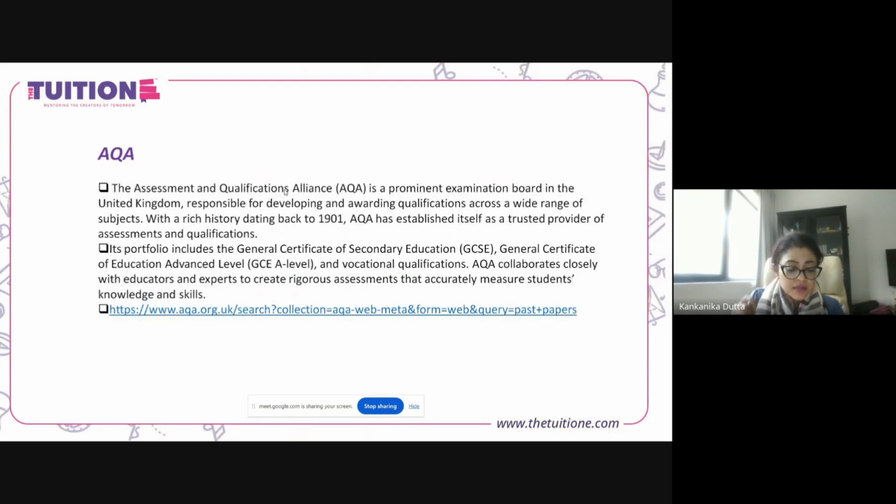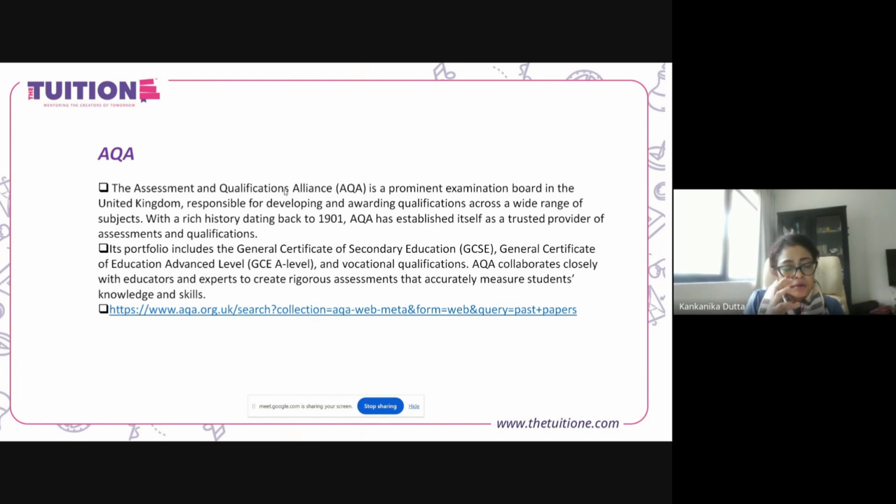Now the third one is the AQA. The AQA is Assessment and Qualification Alliance. As I told you, there are many schools which opt for AQA. Although it is written General Certificate of Secondary Education, they generally cater to the international students, international O-level students, and international A-level students.